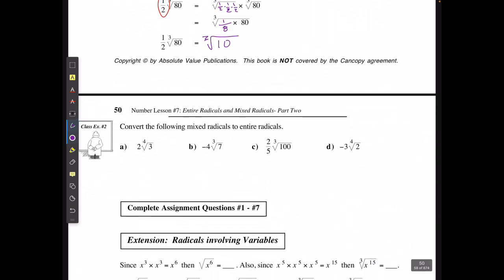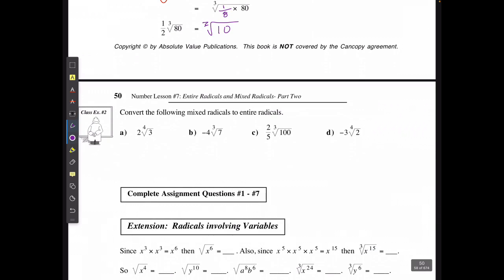So just like when we were doing the square roots, if I'm moving a number that is beside a 4th root inside, I need to multiply it in 4 times. If I'm doing one that is a cube root, I'm going to do it 3 times. And remember, with the cube roots, I can move the negative inside.